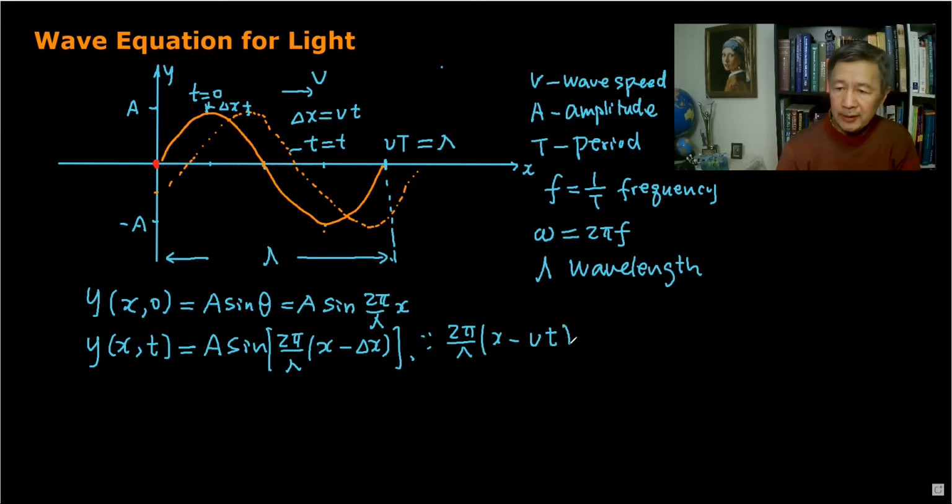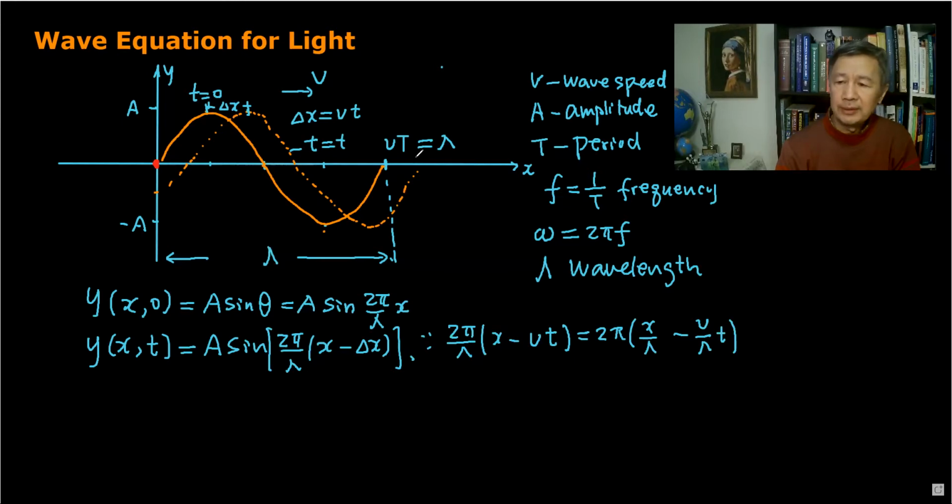What we do next is expand. We put the lambda into the equation, with 2 pi, and we get x over lambda minus velocity over lambda multiplied by t.